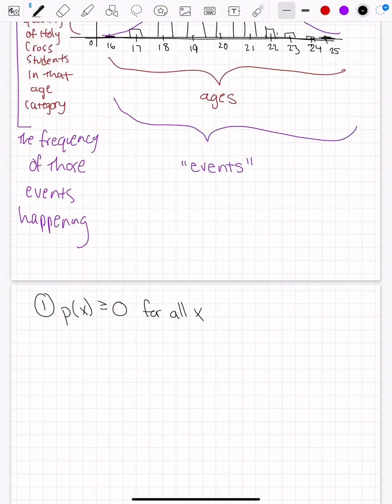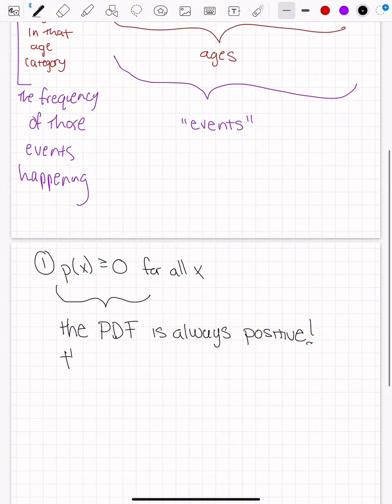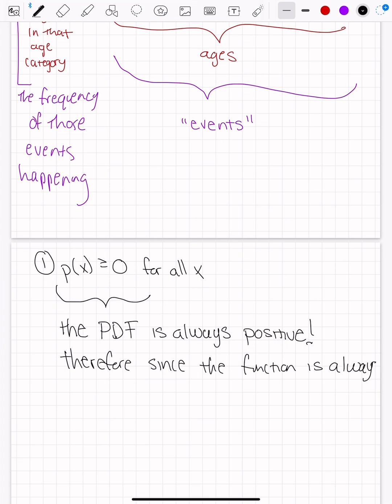Right, so what does this mean? Remember, the p of x is our notation for the PDF, the probability density function. So the PDF is always positive. Therefore, since the function is always positive, that means that it's above the x-axis.